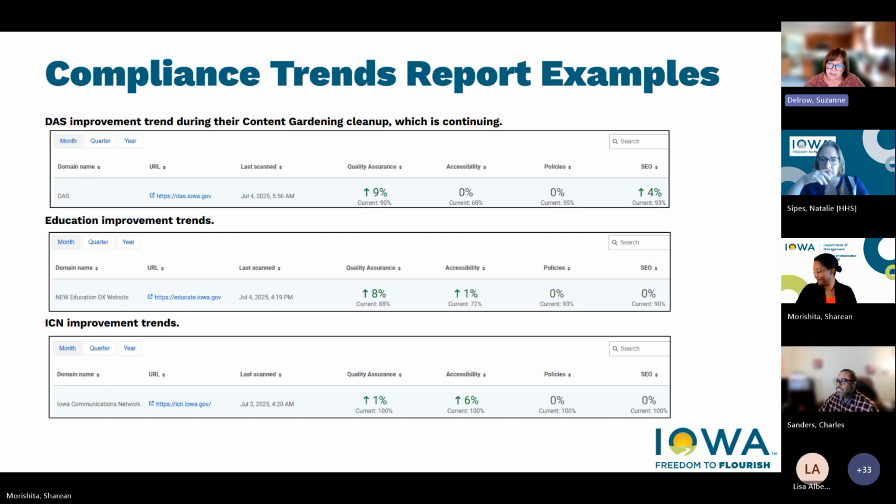Accessibility 0 doesn't mean they have 0 accessibility. It means there was no change in the last month. Their SEO is up 4%, but maybe you want to keep an eye on it by quarter. You click on quarter, and you can see, did you make any improvement, or did you fall back over any given period of time?